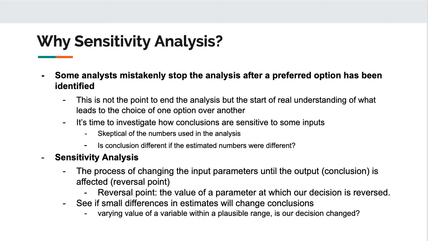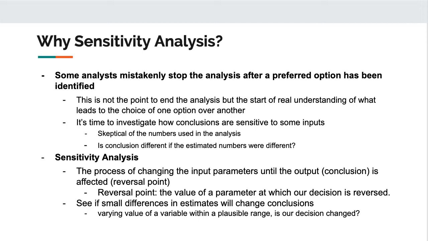Because we do the estimates and research in the literature in order to provide values for some of the uncertain parameters in our model, we should be skeptical about the numbers used in the analysis. One of the very important questions we ask is: is the conclusion different if the estimated number were different?